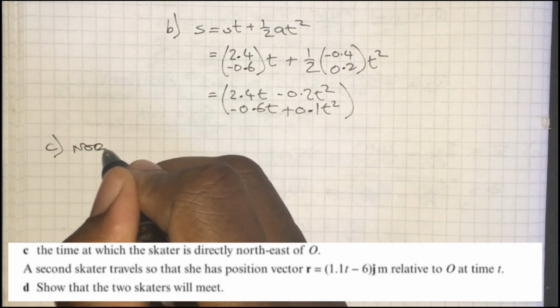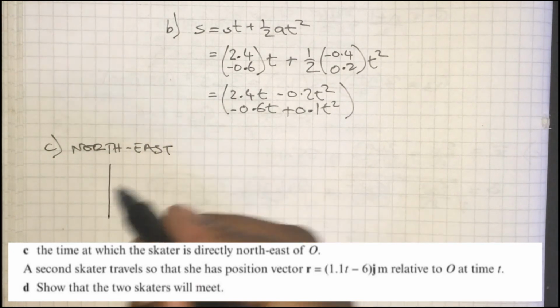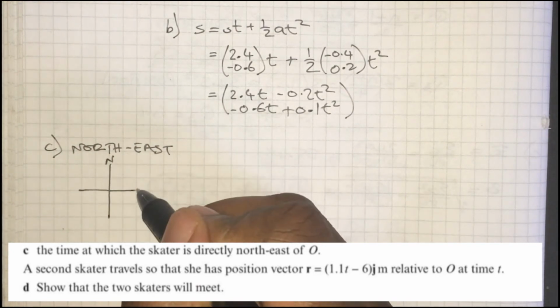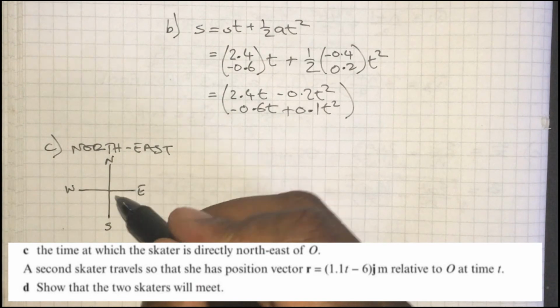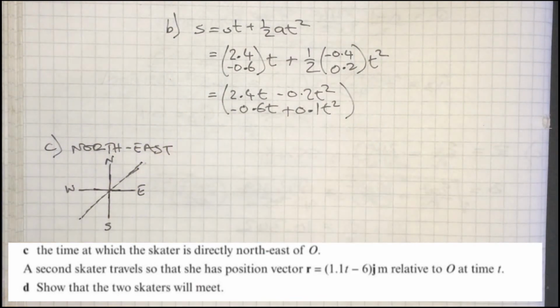Next, we're asked to find the time it takes for the skater to be directly northeast of the origin. All right, so we looked at these cardinal directions. Northeast, if you remember, the vertical and horizontal component of the displacement should have the same value. They should be the same number.